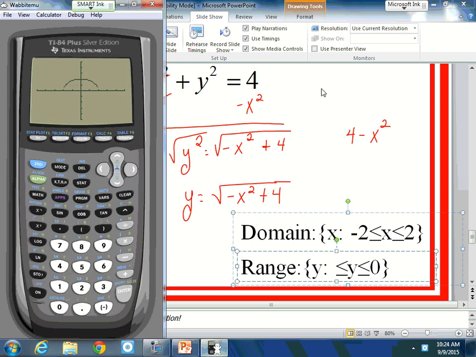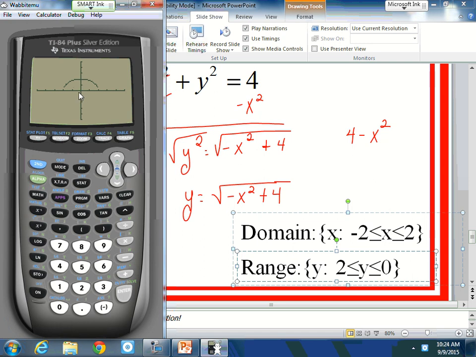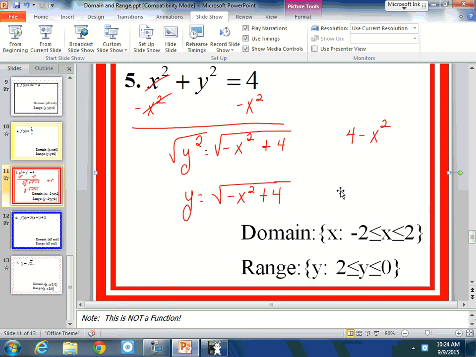Let's see the graph. Y has to be greater than or equal to 0, but less than or equal to 2. It's positive 2. Let's see it again. There you go. From 0, less than or equal to 2. There you go.